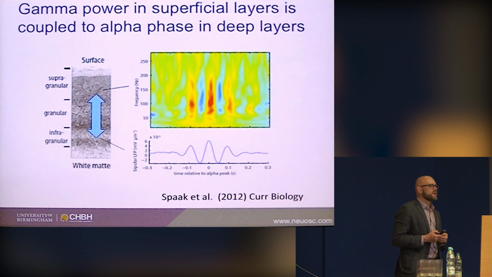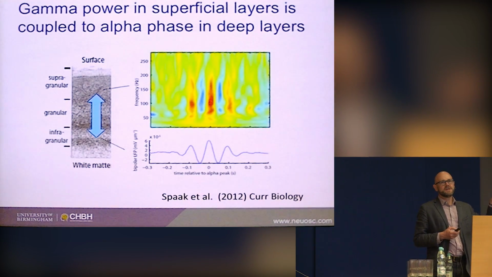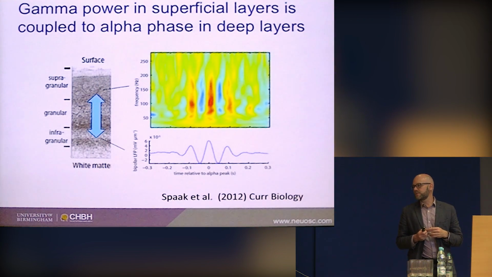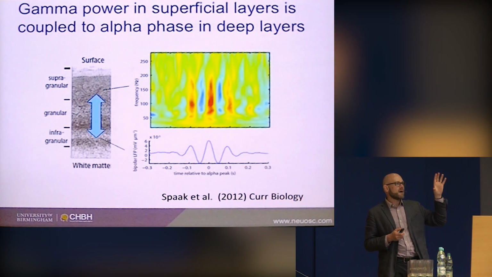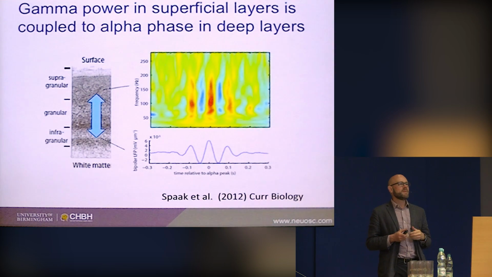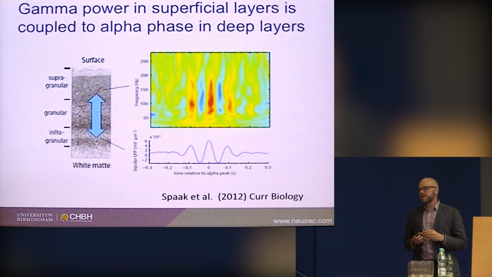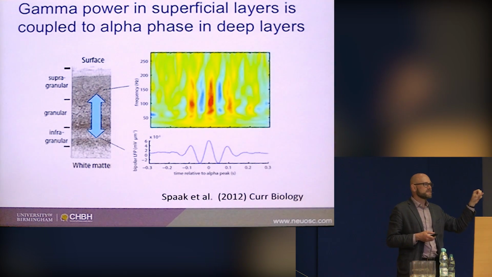It should probably be no surprise that for the deeper layers we then see this blip of alpha activity, because that's how we analyzed the data, right? But what you should appreciate here is that when you look at the time frequency representation of power, at higher frequencies there's a clear modulation by alpha phase, right?